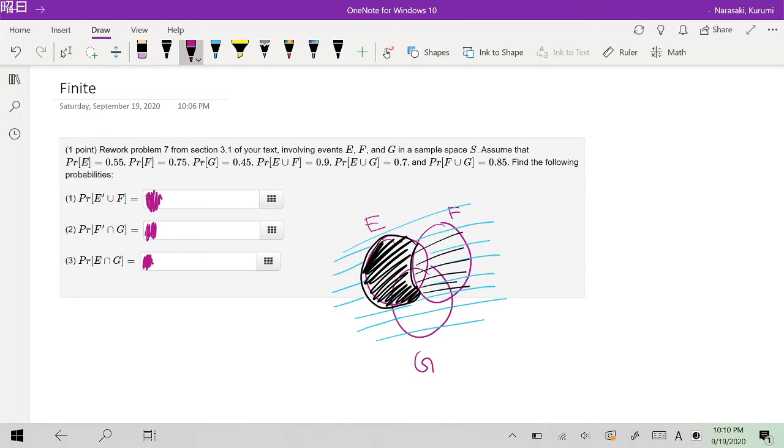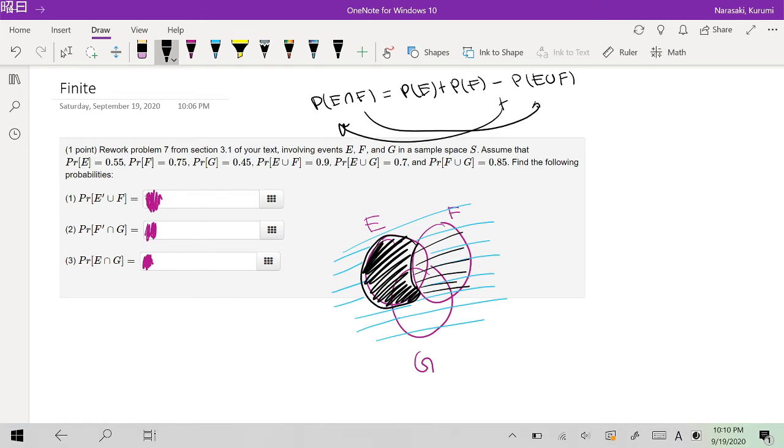So I think you guys are probably aware of the formula. Let me write it out for you. The probability of E union F is equal to probability of E plus probability of F minus the intersection. And you might see the formula written both ways, because I can add this to this side and I can add this to this side.